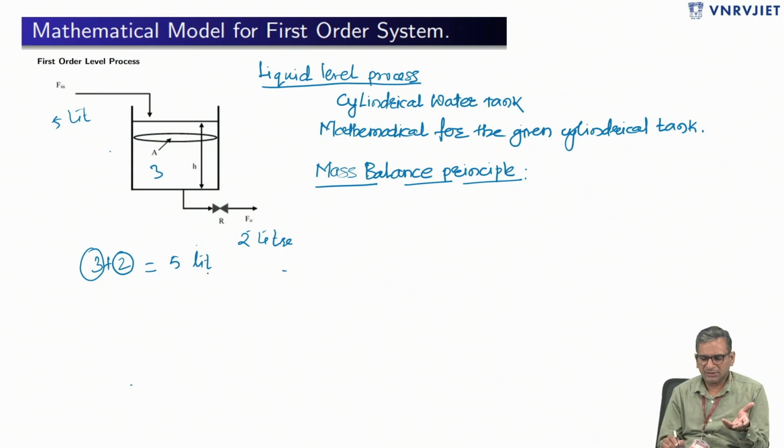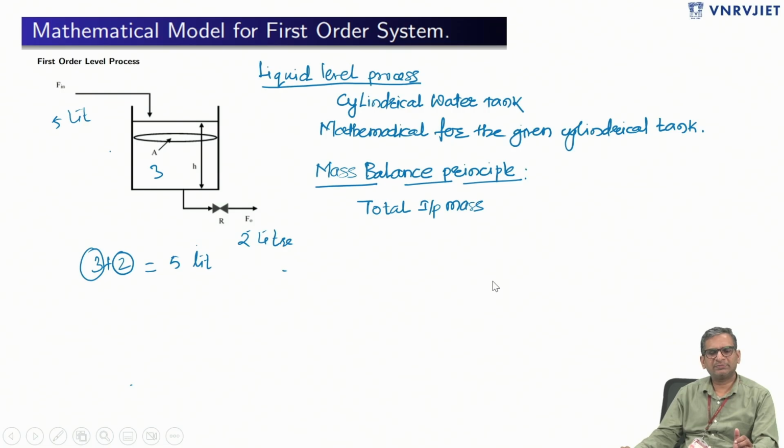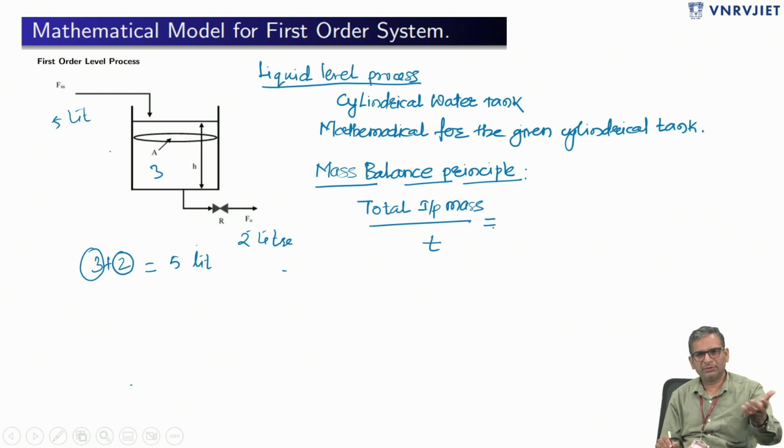In a similar way, we can consider the total input mass. We need to consider the mass principle, that is nothing but the law of conservation of mass. So the total input mass with respect to time t, where I'm pouring some water in this particular tank: some water will be stored in the tank and the remaining water will go out from the tank.